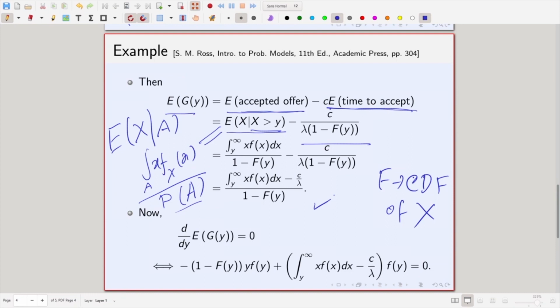If you want to find the point where a function is maximized, you differentiate the function and put the derivative equal to 0.